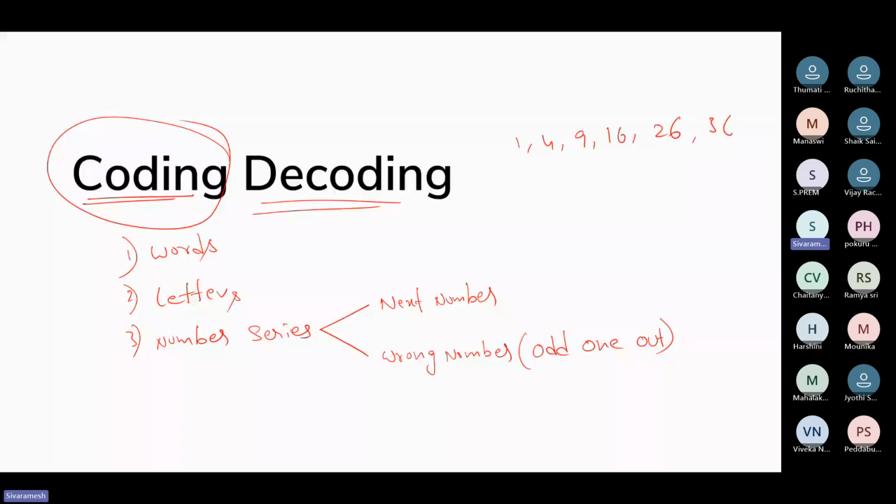Can you tell me what the wrong number in the series is? 26, sir. Yes, obviously. How we picked out 26 is very simple. All the numbers follow one particular logic, and one number deviates from that logic. That's why we call it the odd one out, or wrong number in the series. These are the different segments we are going to discuss in today's class.